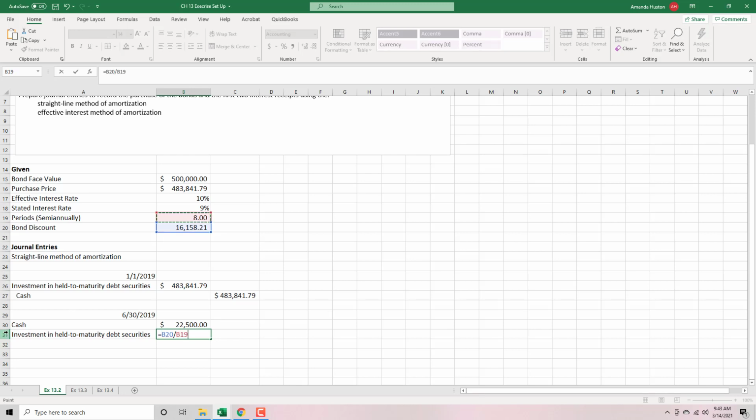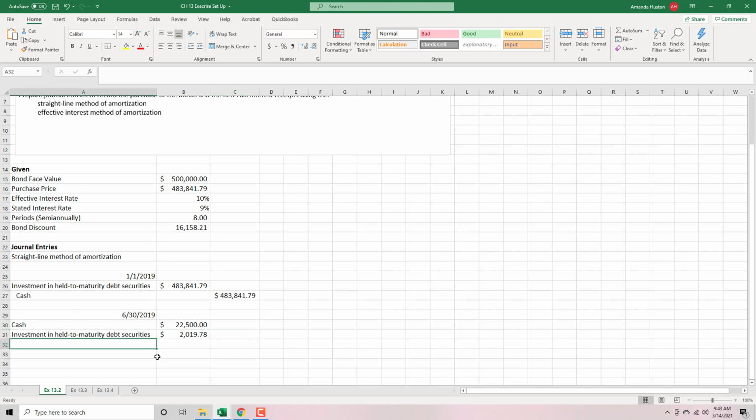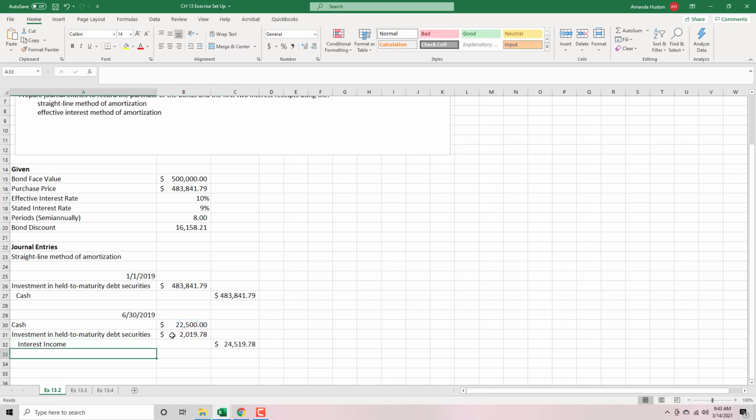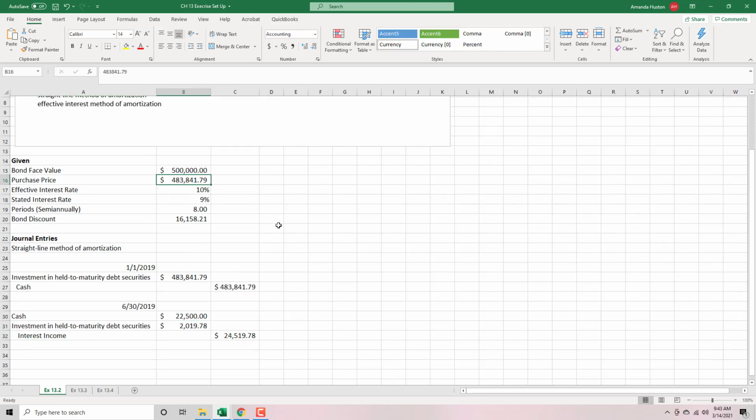And the opposite side of this is interest income or revenue, right? So we get some cash, and we also get interest income by getting a discount. Then we're going to do 12/31/19.